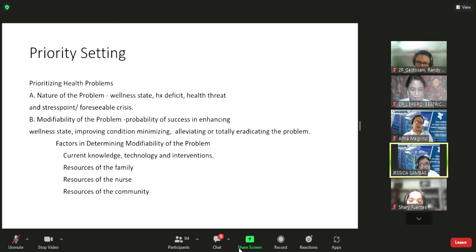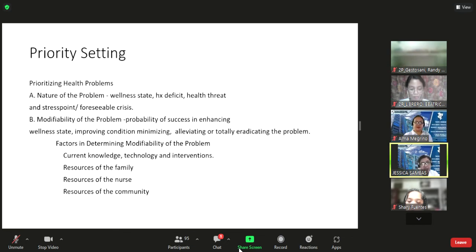Tayo, nurses, what resources do we have? Health education lang gining amua. Mao lang gid among resources. Okay? Now, what about the community? May resources ba? Meron ba tayong mahingian ng tulong? May mga organizations ba that is existing that can help us? So, titingnan po natin. And from there, we are going to decide, can we modify the problem?